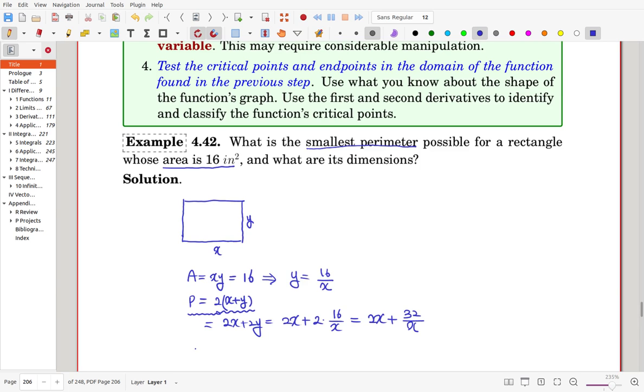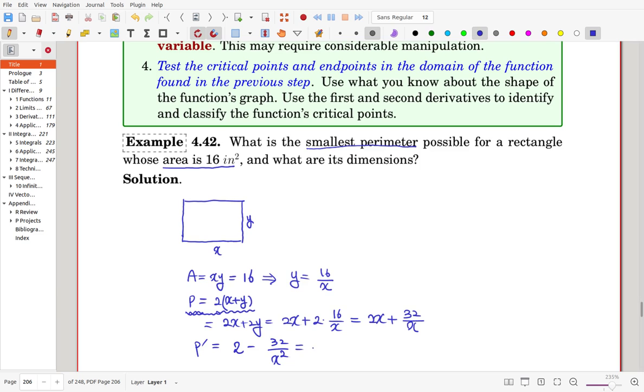So now you can use derivative technique, and we consider it as a function of x, so that p prime, that is this derivative with respect to x, then that will be 2, and now minus 32 over x squared. And here 1 over x, the derivative is minus 1 over x squared.